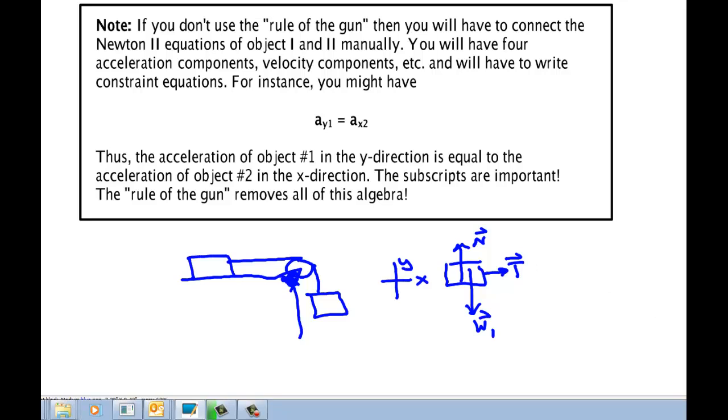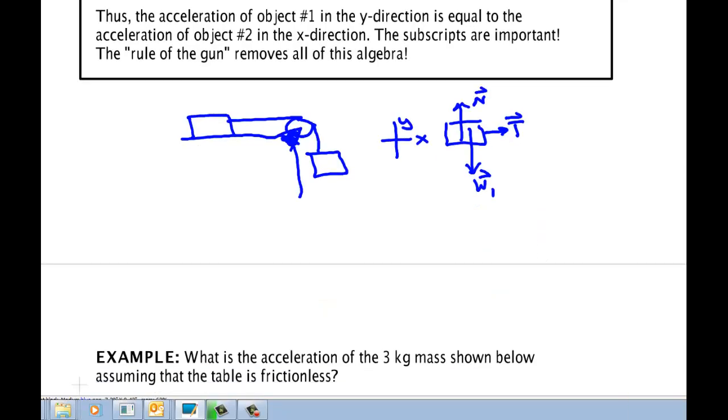Now, for the second free body diagram, there's the body. The tension is now pulling up, because that's the rope. The weight is pulling down. But when you start to do the axis, you apply the rule of the gun.